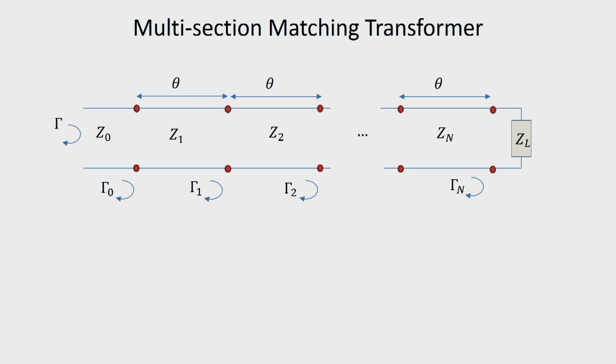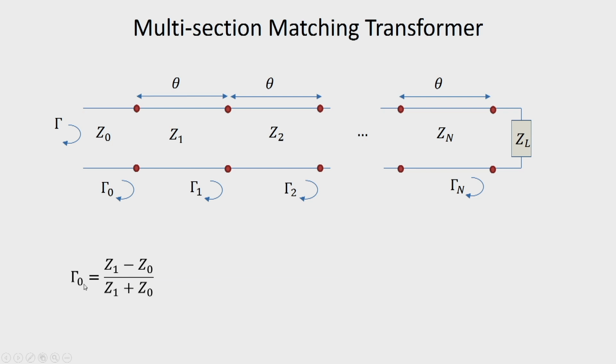Now, we introduce the partial reflection coefficients gamma 0, gamma 1, gamma 2, gamma n at these interfaces whenever there is a change in impedance, and gamma is the overall reflection coefficient.